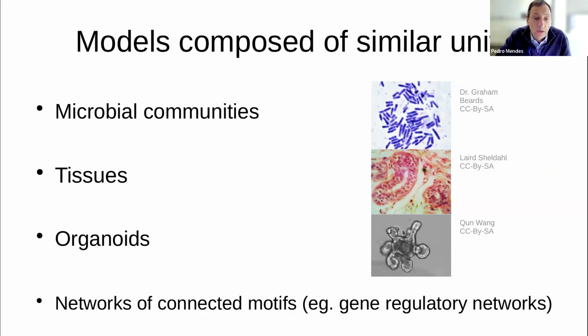Or you also can have organoids. These are little organs created in the lab that try to replicate certain particular tissues and organs, particularly in animals. Those are also a number of cells connected, potentially with an environment around them. That's an important point that I should highlight.